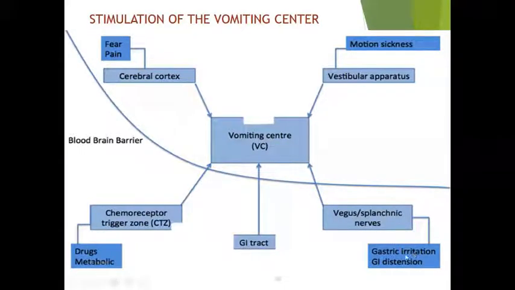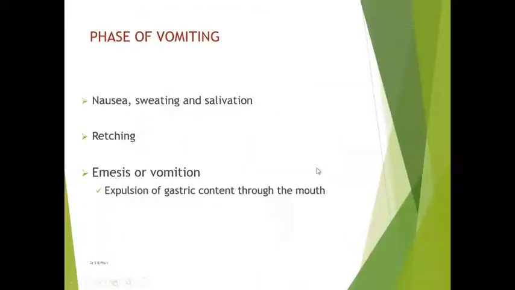If you have irritants in the lumen of the GIT, they will start irritating the mucosa of the GIT or the stomach. So gastric irritation or duodenal irritation can also cause vomiting. And then also distension. If you have over-distension of the GIT, via the vagus nerve and the splanchnic nerves, they can send sensory information to the vomiting center to trigger vomiting itself.